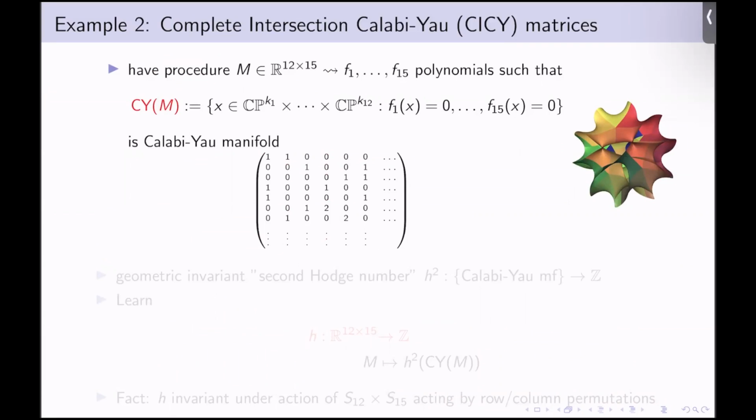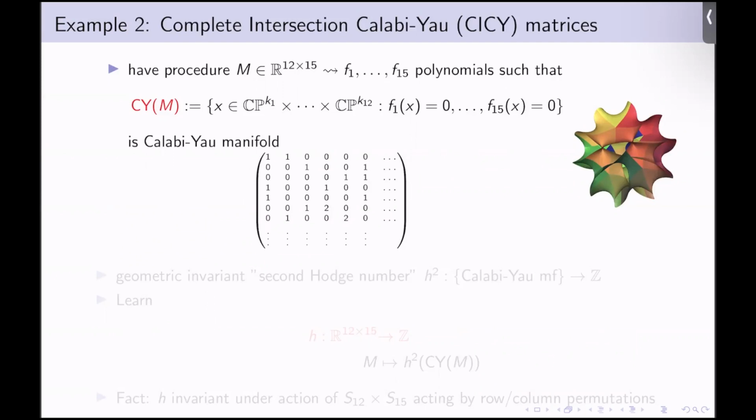The first example, or example 2, is about complete intersection Calabi-Yau matrices. I know many people already know what they are, and I'll give a super brief explanation of what this data set is. There's some procedure to go from a 12 by 15 matrix, 12 rows, 15 columns, to get 15 polynomials, f1 to f15.